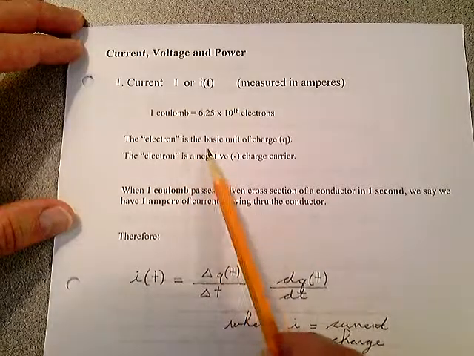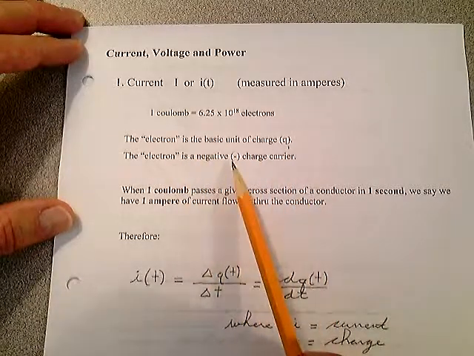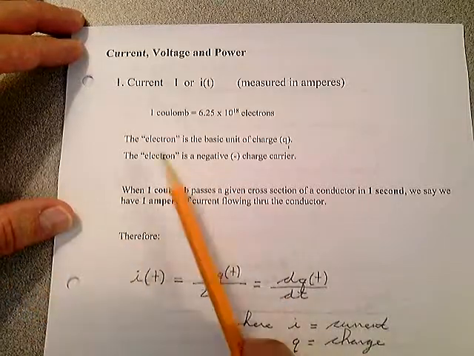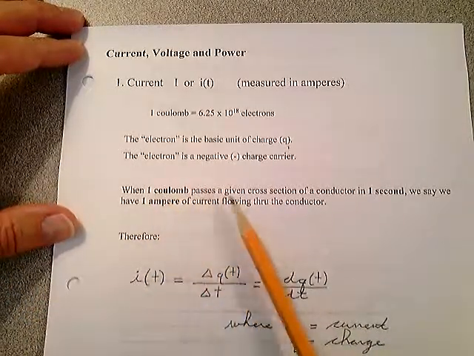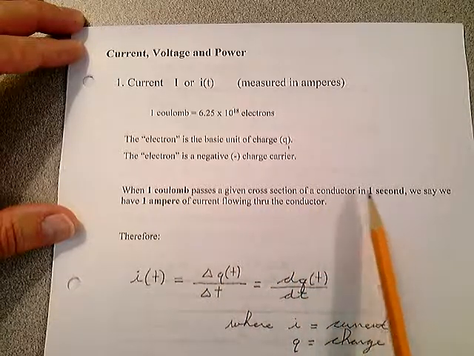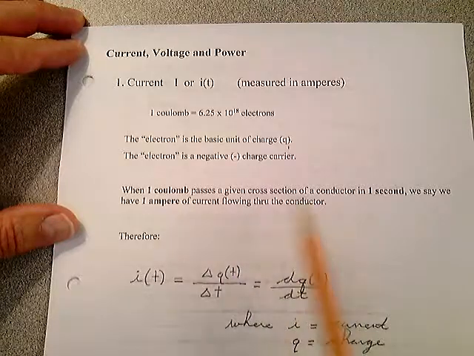The electron is a basic unit of charge, Q. The electron is a negative charge carrier. We say when 1 coulomb passes a given cross-section of a conductor in 1 second, that we have 1 ampere of current flowing through the conductor.